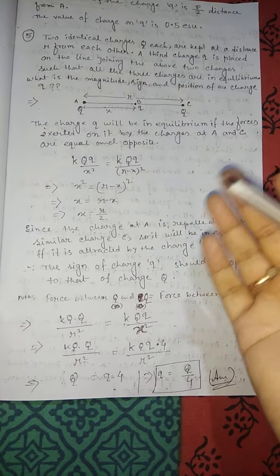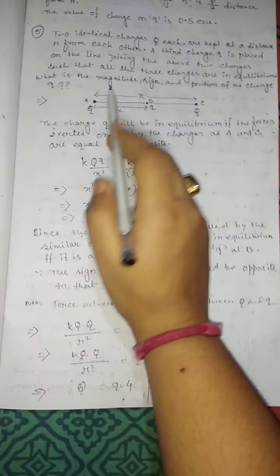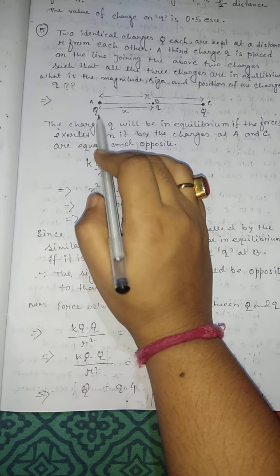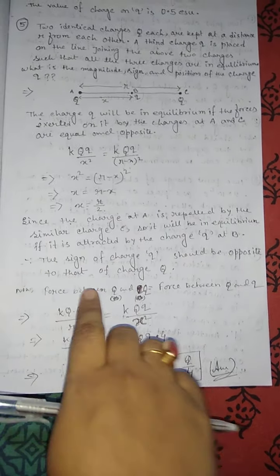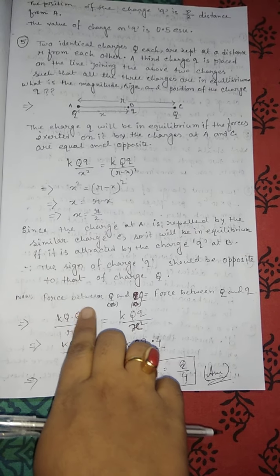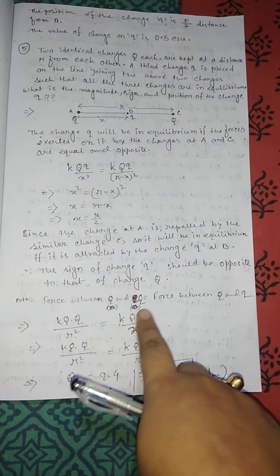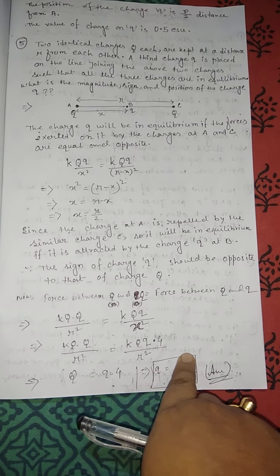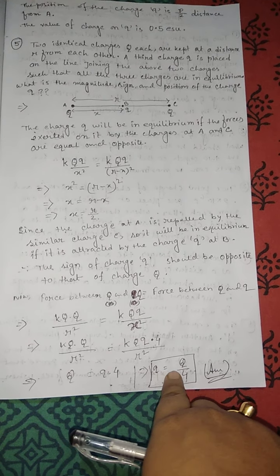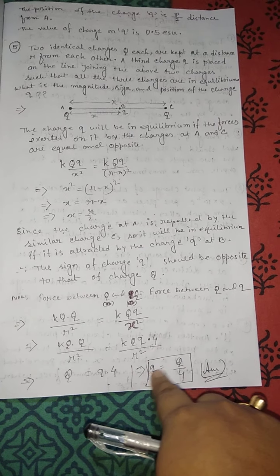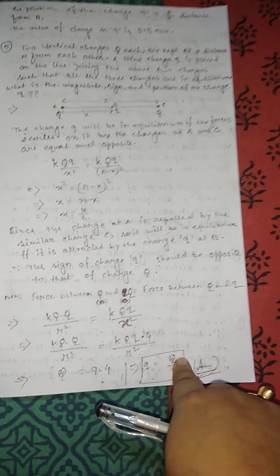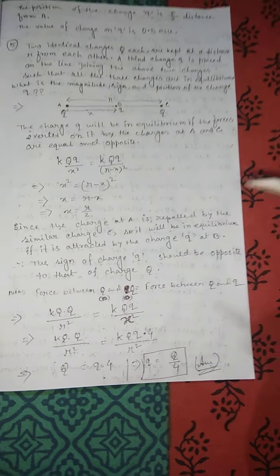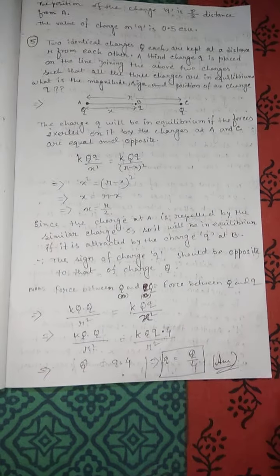Now when we calculate the charge, the force between these two charges is equal to the force between any one identical charge and the third charge. So we can write K into Q, that is the force between two identical charges and the force between Q and small q. So from here we get the magnitude of this charge: q equals Q by 4. If we know the value of Q, then we can easily find out the value of the charge on q. Okay, thank you.